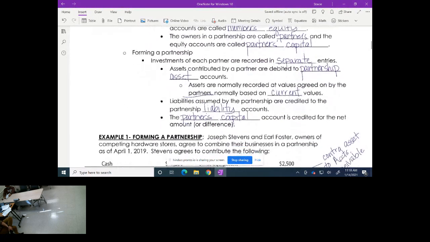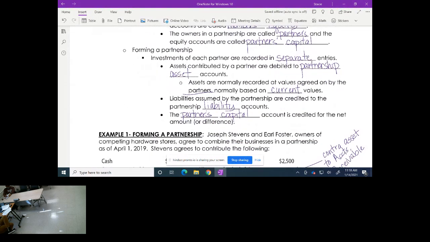Something different about this, though. When we were in accounting 1, everything was put in at cost, whatever was spent for it. When a partnership is formed, you've got individuals coming in with assets that they're bringing in. You're looking at the value of it, not the cost. Now, partner A and partner B may have their own individual sets of books. Y'all remember what book value is?